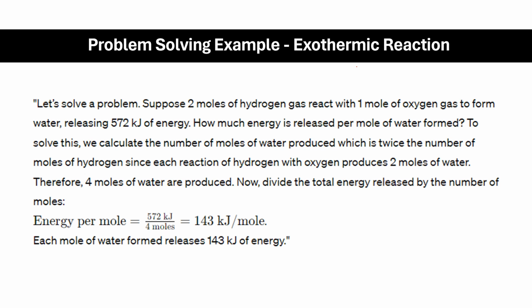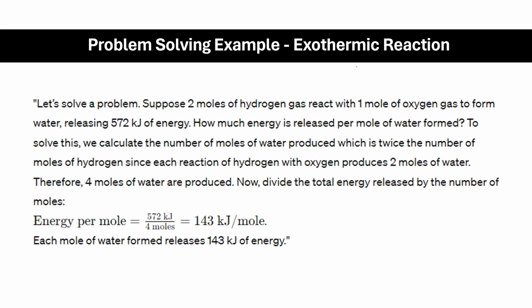So the assumption here, if you can create the balanced equation, is that for every 1 mole of hydrogen, it produces 2 moles of water. So therefore, 4 moles of water are produced. How can we calculate the energy per mole?